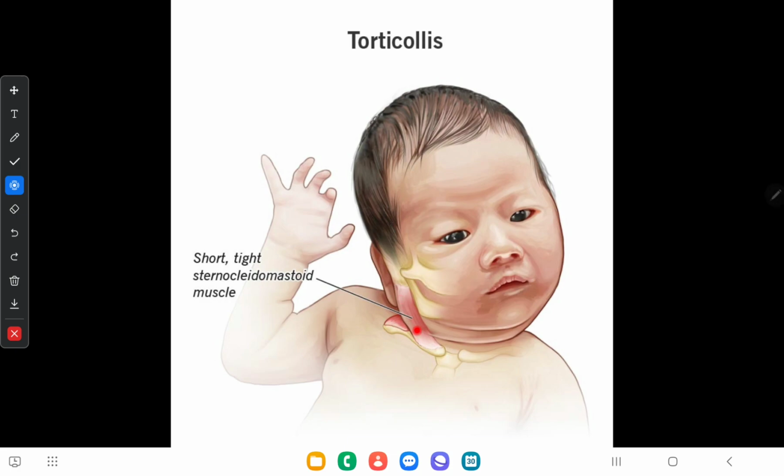So, if the sternocleidomastoid muscle is short and tight, imagine on the right side, then the head bends towards the same side and the face rotates towards the opposite side. That condition is torticollis or wry neck.